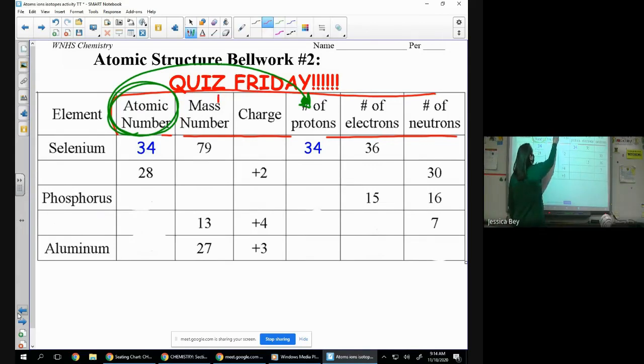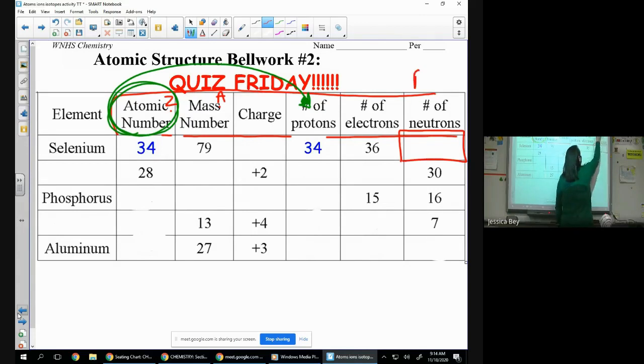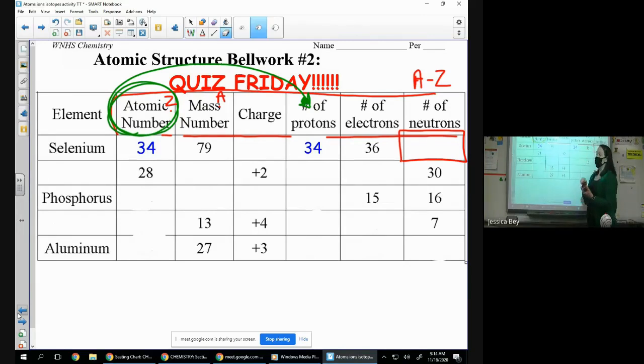Mass number, remember, was A. Atomic number was Z. What do I do with A and Z to figure out number of neutrons? A, good job, minus Z. So in your calculator, you can do 79 minus 34. It's going to give you, very good, 45 neutrons, right? Because the only things that have mass are protons and neutrons.